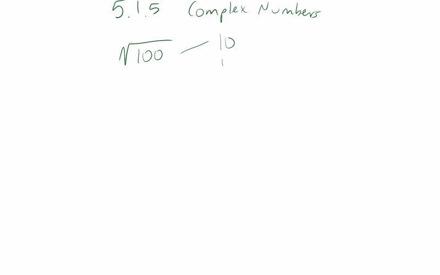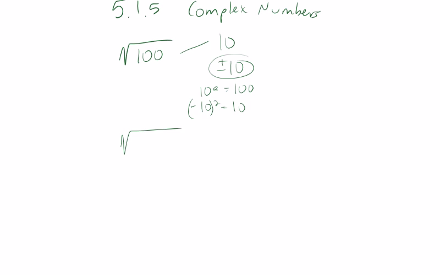Some of you might say plus or minus 10 after that last lesson, which is correct, because 10 squared is 100, and negative 10 squared is 100. Remember, the square root is the opposite of squaring, they're inverse operations, they undo each other. So this would be the most appropriate correct answer.